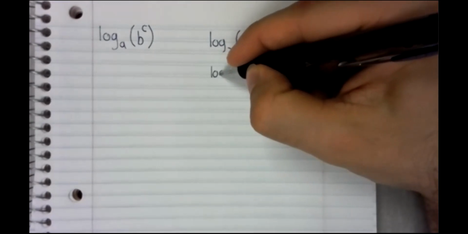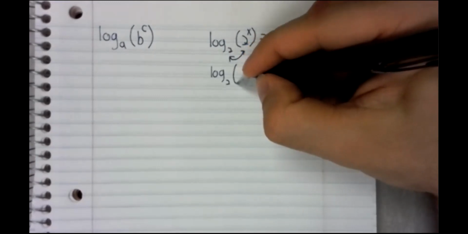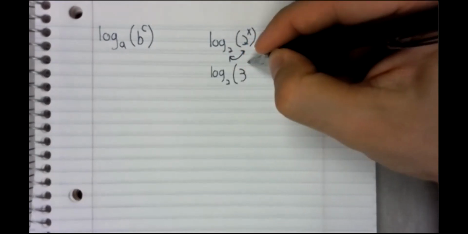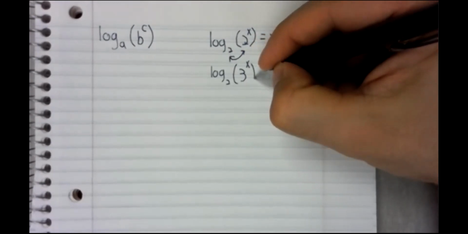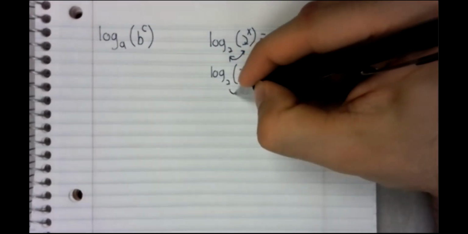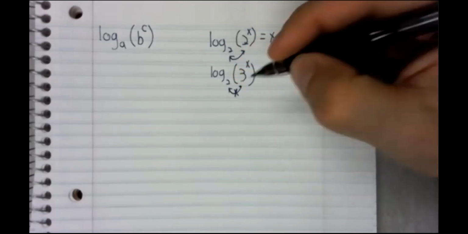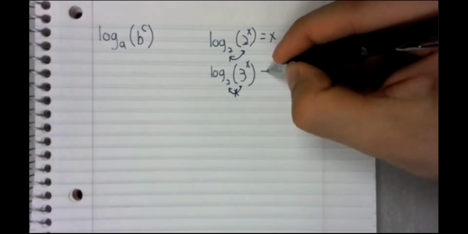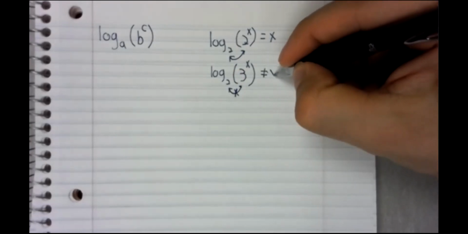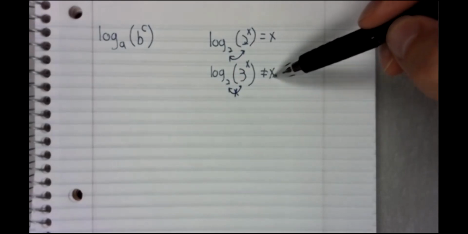If we had, for example, the logarithm base 2 of 3 to the power of x, then because these bases do not match, cancellation doesn't occur, and this isn't equal to x.